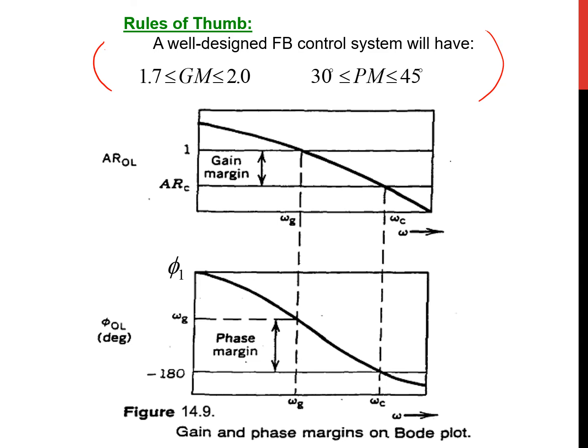Although a GM greater than 1 means it is stable, the gain margin must be between 1.7 and 2.0 to make sure your controller parameter is good. That means your controller is well designed, with no need to do retuning. It must satisfy both gain margin and phase margin. The gain margin is set between 1.7 and 2.0, and the phase margin must be between 30 degrees and 45 degrees.